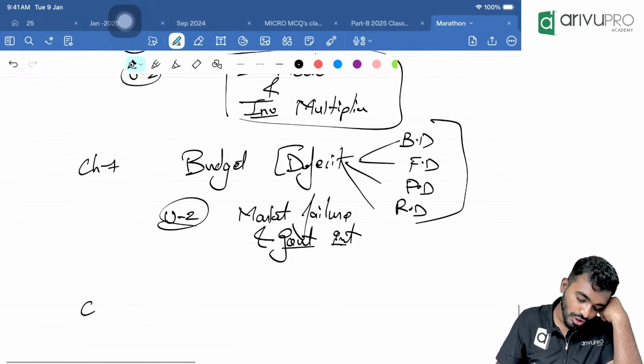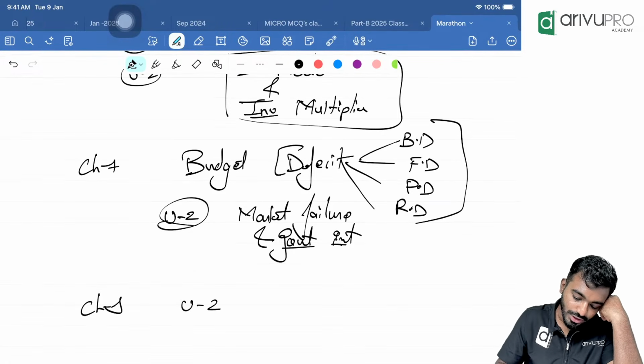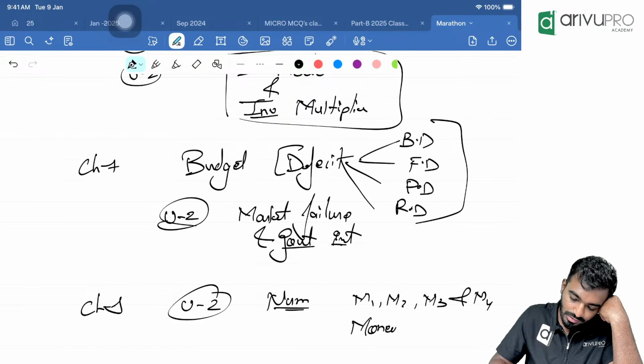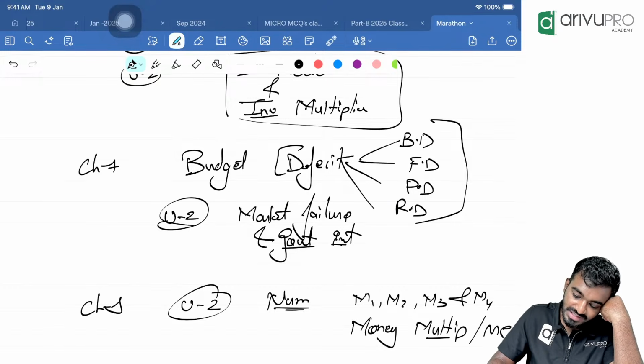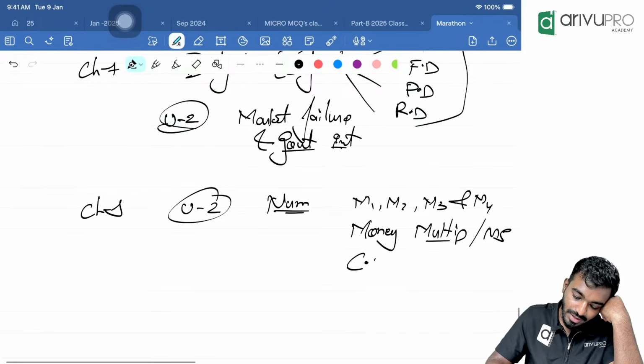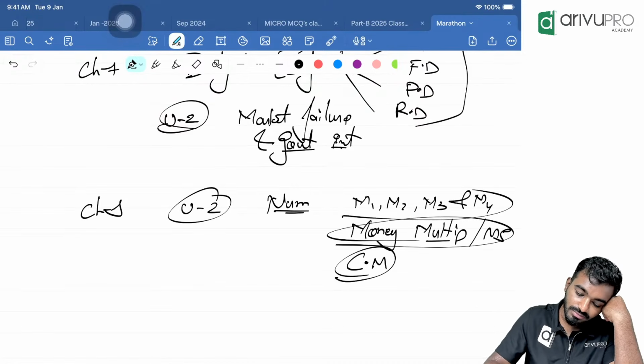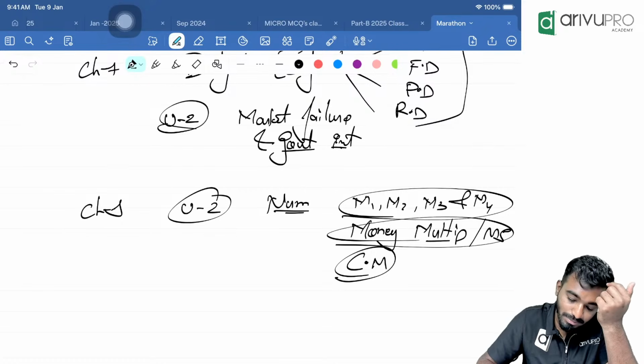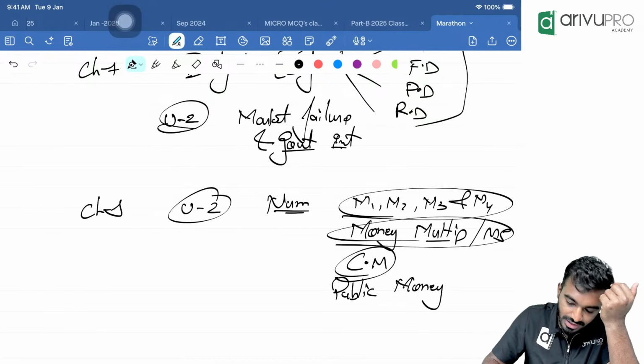Chapter 8, full numericals of unit 2. Unit 2 numericals: M1, M2, M3, M4 and money multiplier and money supply and credit multiplier. These numericals will come. Easy, that too. And also public money calculation.